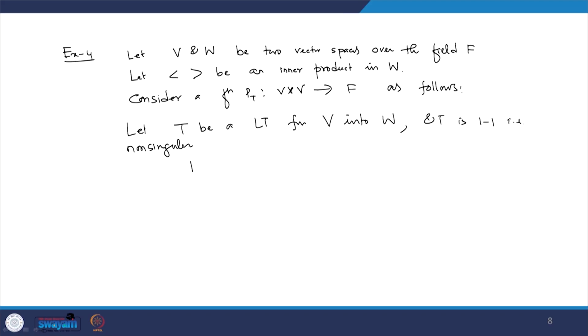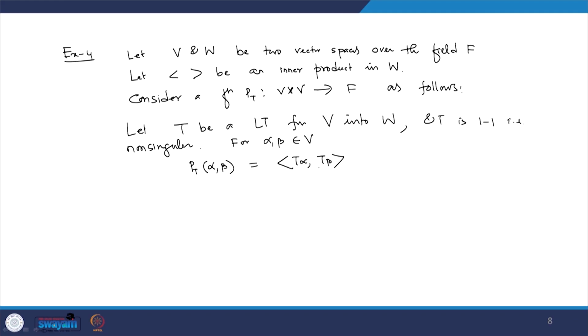Now, let me define PT of alpha, beta for alpha, beta belonging to capital V. Define PT of alpha, beta equal to the inner product of T alpha and T beta.